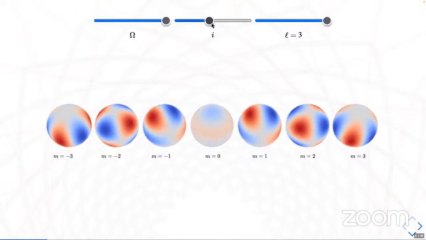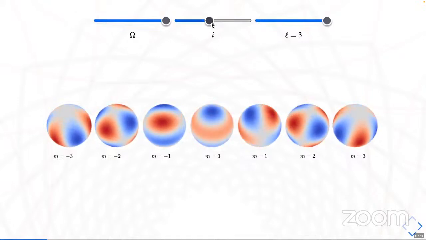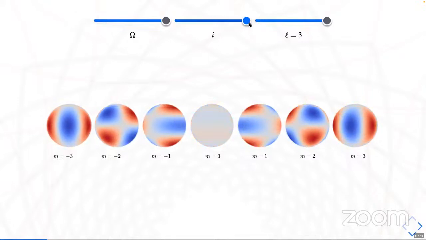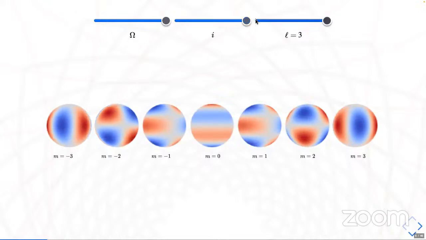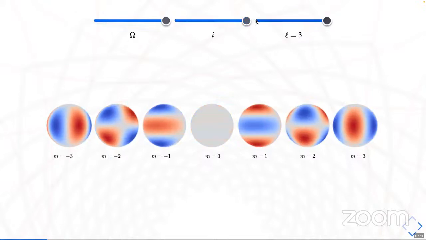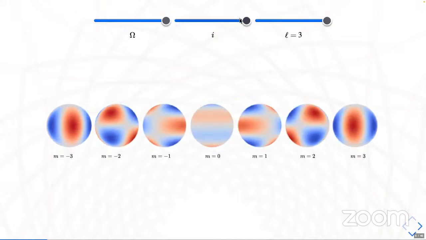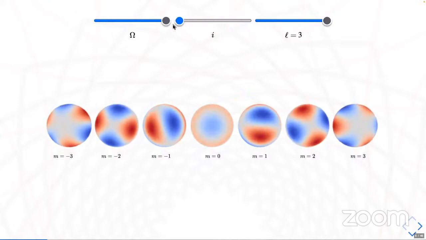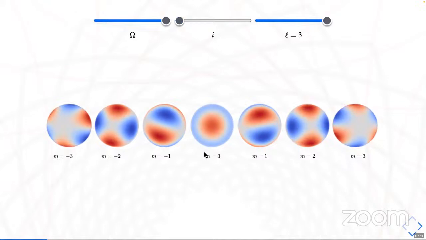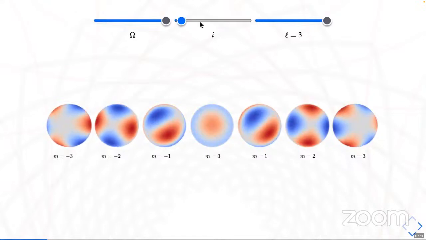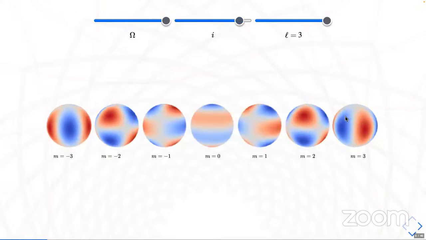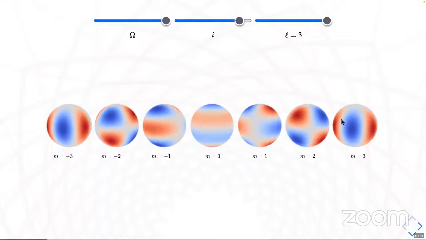The inclination of the rotational axis relative to you, the observer, will also determine which modes appear to cancel out geometrically when you integrate over the visible disk, and which will appear to oscillate the most prominently. So for example, for a pole-on star, you only see the m equals 0 mode, and for an equator-on star, you see only the modes of the same parity as the degree.